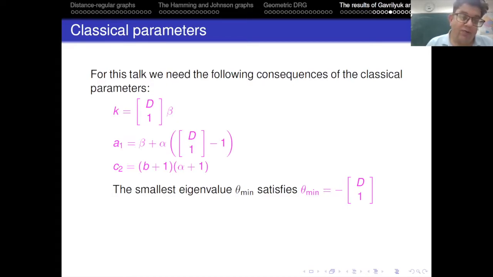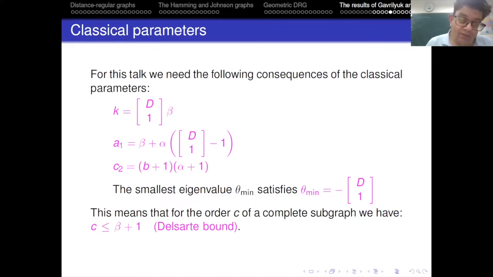Moreover, we know that the smallest eigenvalue theta min satisfies minus d choose 1. This means that the order C of a clique, a complete subgraph, is at most beta plus 1, because that is essentially 1 plus k over d choose 1, and that is 1 plus beta. Therefore, beta has a combinatorial meaning.